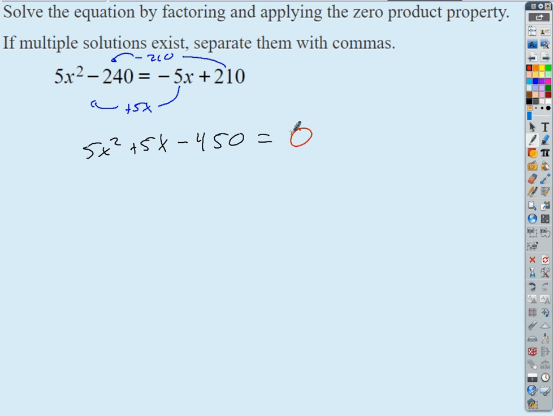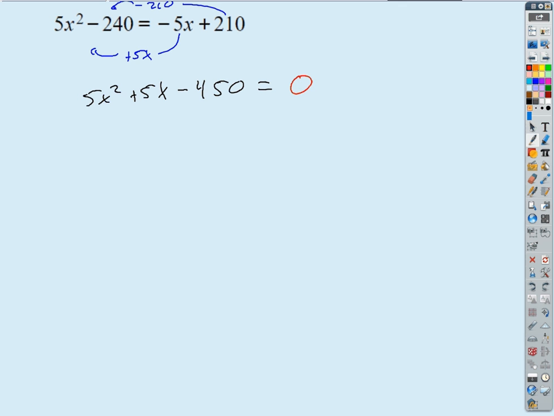Okay, now what? So the first step is I gotta get it equal to 0, right? Good, we can factor it. It tells us we wanna do that. We're gonna factor and use the zero product property, right? So what's the first thing I can factor? 5, good, we'll take out a GCF. So we get 5 times what's left behind if I take out a 5.